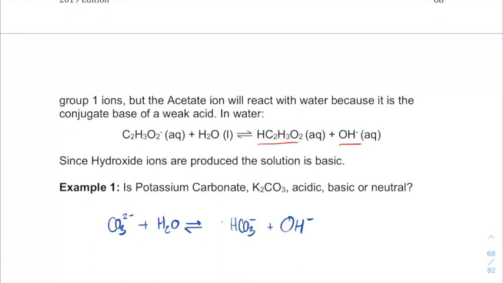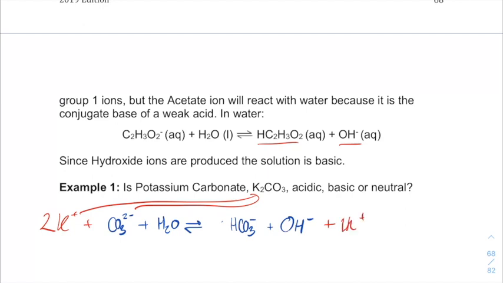So is potassium carbonate acidic, basic, or neutral? Well, when we think about potassium carbonate, it is highly soluble, so it will dissolve and we are going to get some 2K+ ions, which are sort of our spectators here.